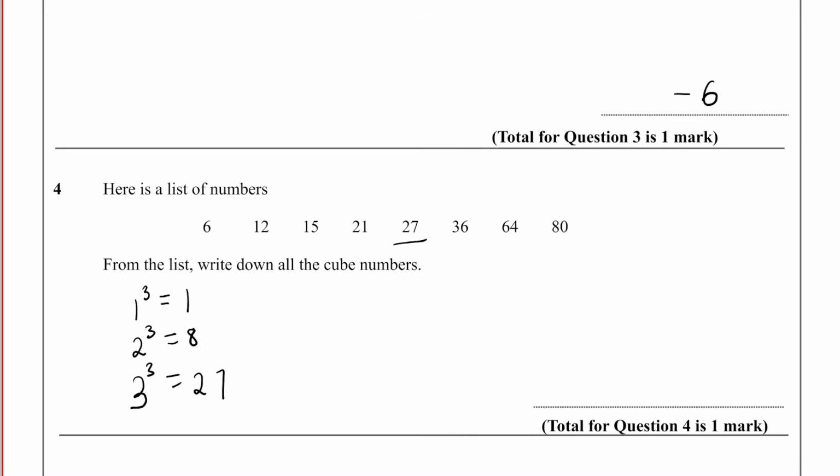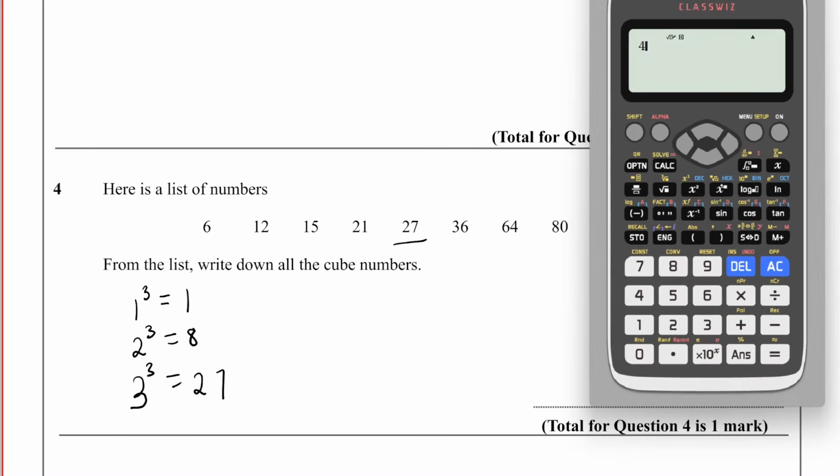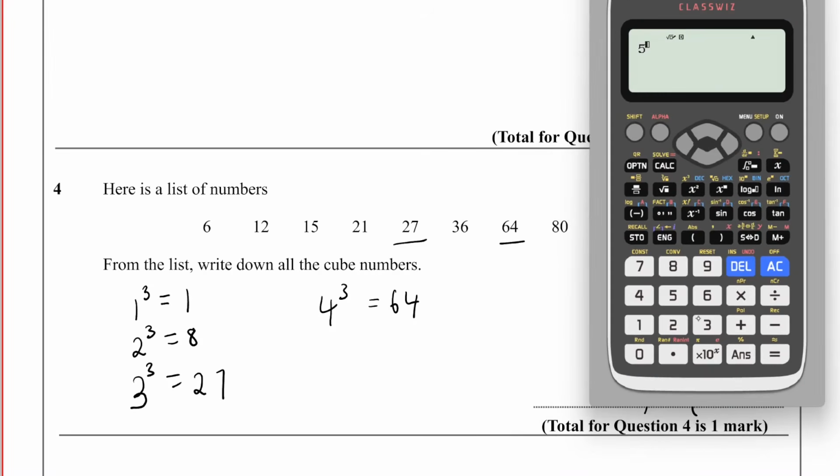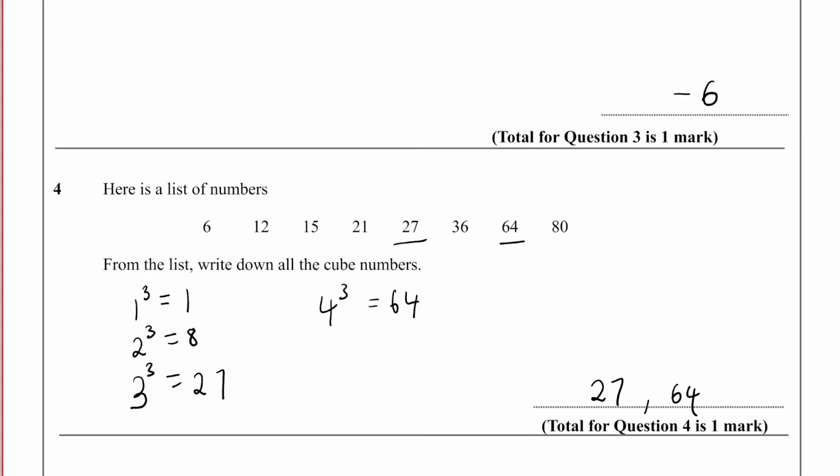So 27 is a cube number. And then if we write 4 cubed, that's 64. So that is also a cube number. And then 5 cubed is too big. 5 cubed is 125. So we must have them all.